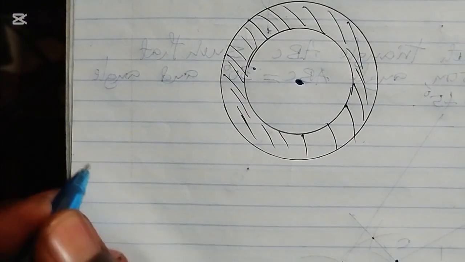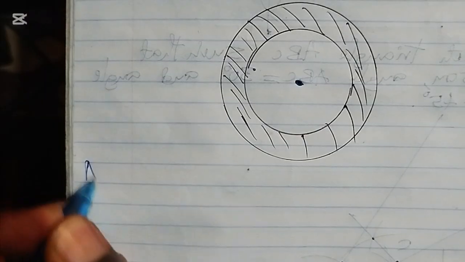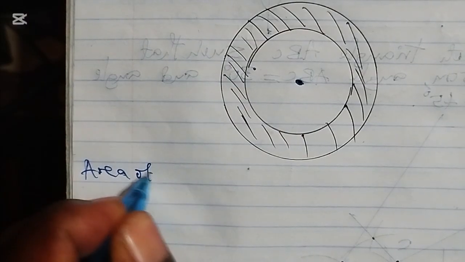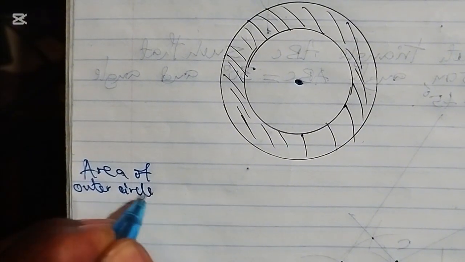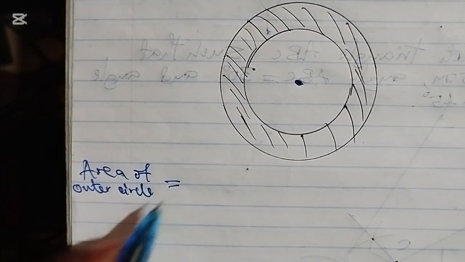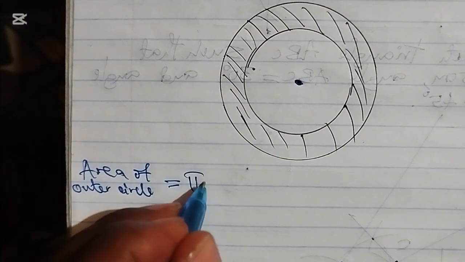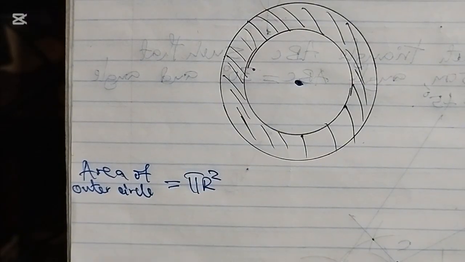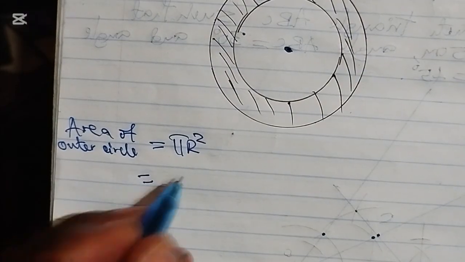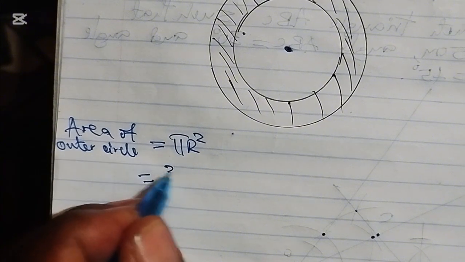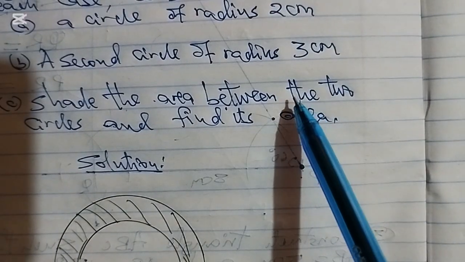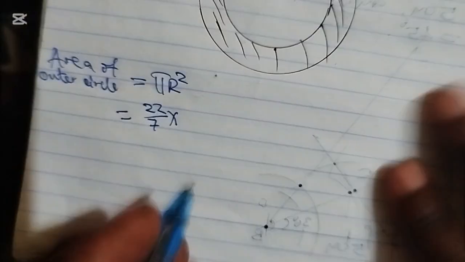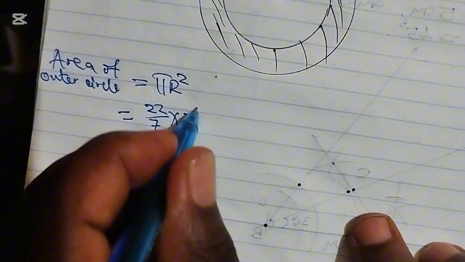To get the area of the shaded part, we first get the area of the outer circle. Remember, area of a circle is given by pi r squared. Let me use 22/7 times the radius. The outer circle is the second circle whose radius was 3 centimeters, so times 3 squared.